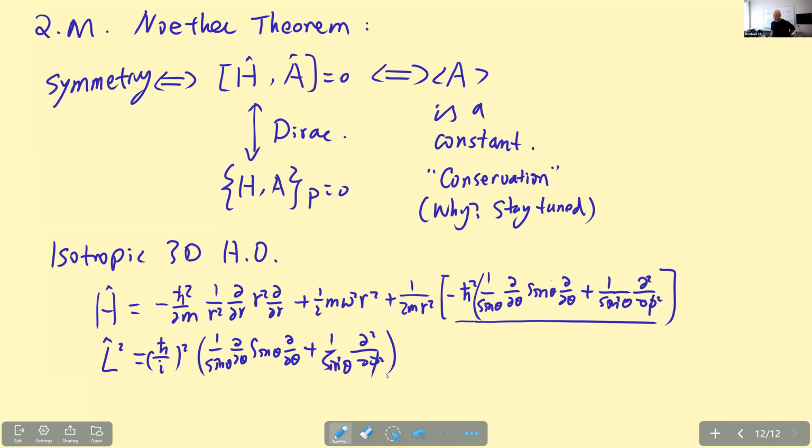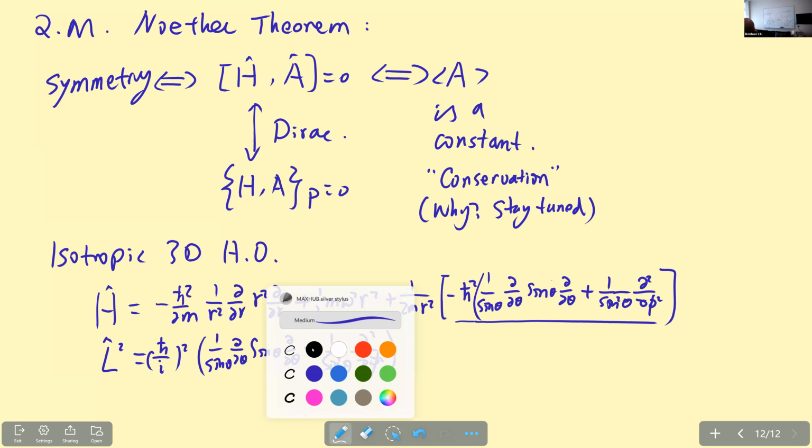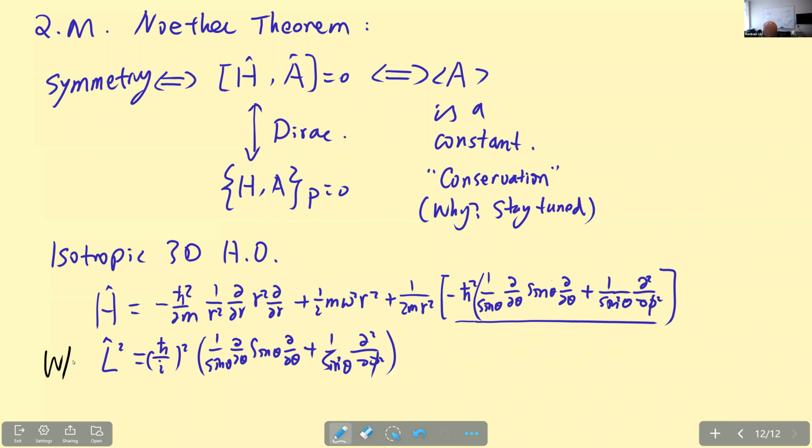So that means the Hamiltonian will be simply minus h bar squared over 2m, 1 over r squared partial r, r squared partial r, plus one half m omega squared r squared.